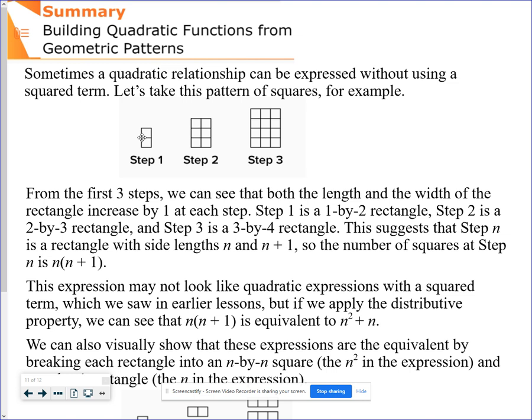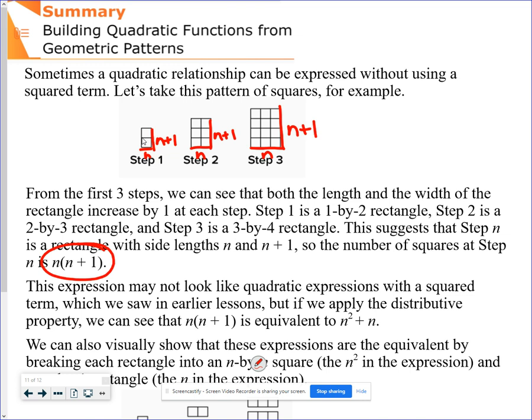The step number is 1, and this is 1 more than that. This is 2, and this is 1 more than that. So this is n and then n plus 1. This was n for step number 1 and n plus 1. This is 3, but this is 1 more than that. And then n plus 1. So I could write that area as n times n plus 1.